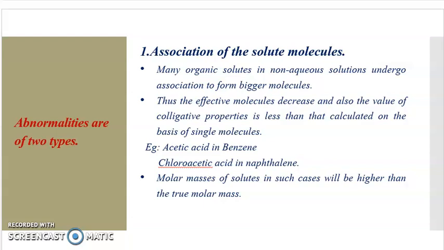Thus, the effective number of molecules decreases, and the value of the colligative property is less than that calculated on the basis of single molecules. For example, acetic acid in benzene, chloroacetic acid in naphthalene. Hence, molar masses of solutes in such cases will be higher than the true molar mass.